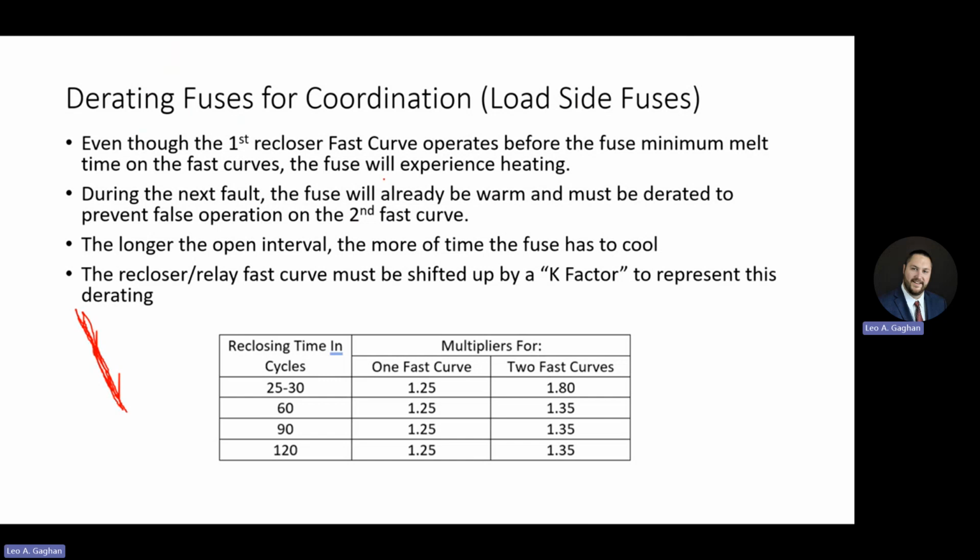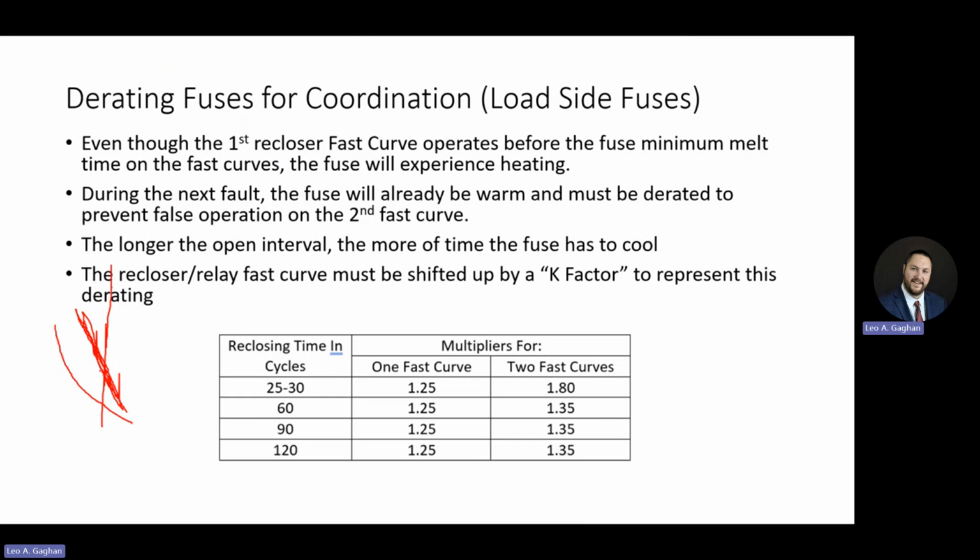We've got something called a fast curve on a recloser, and that's intended to save the fuse. We'll say that's here. So a fault happens, let's say with this magnitude. The recloser is successful in taking it first, but that fuse is still warm.